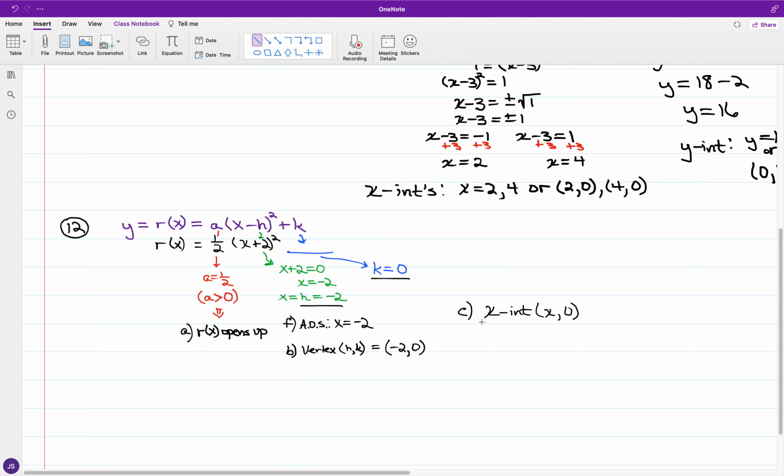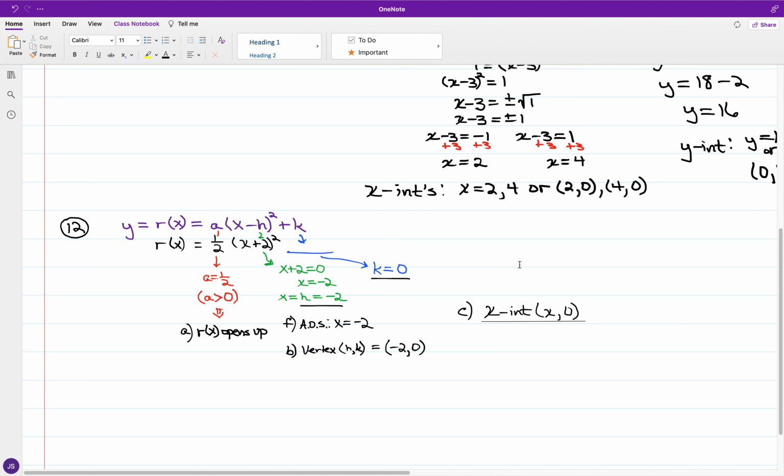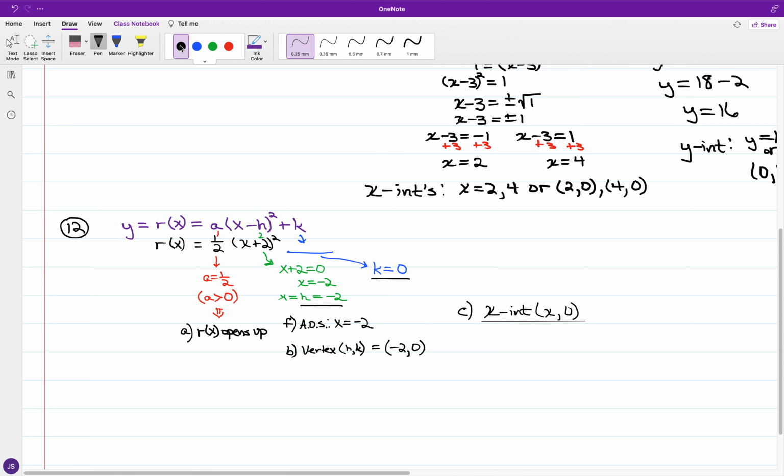Now, when we worked with k of x in number 10, we had 2 x-intercepts, and very likely we're going to have just one x-intercept in this type of function. So we have r of x to represent y, and for the x-intercept, this will be where y is at 0. And so you have 0 is equal to 1/2 of the square of x plus 2.